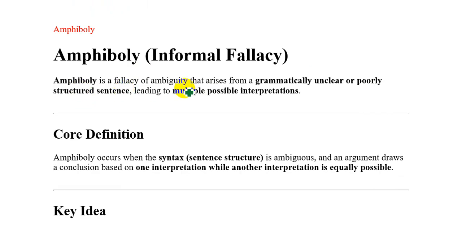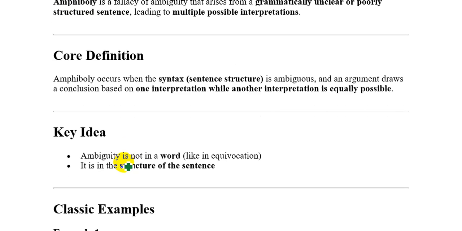Amphiboly is a fallacy of ambiguity that arises from a grammatically unclear or poorly structured sentence, leading to multiple possible interpretations. Amphiboly occurs when the syntax, that is the sentence structure, is ambiguous and an argument draws a conclusion based on one interpretation while another interpretation is equally possible.